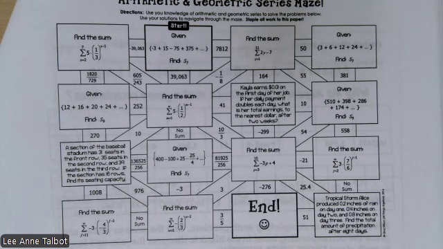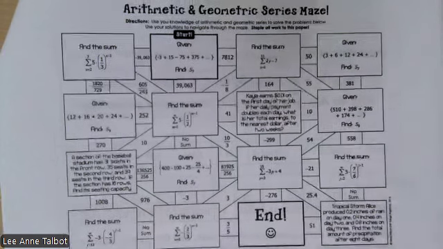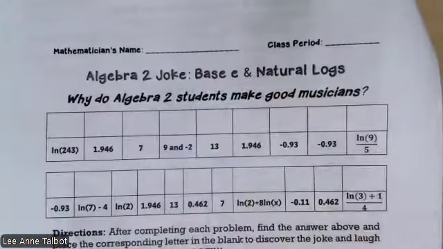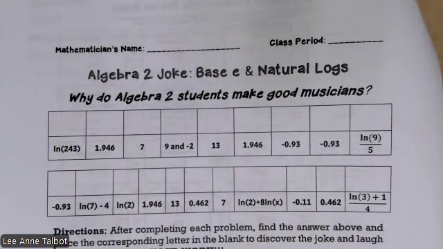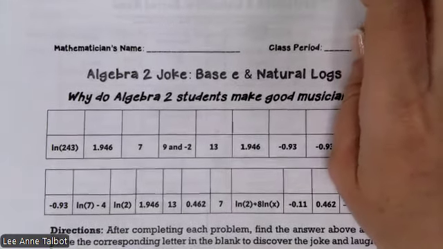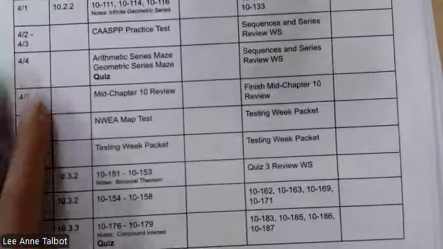And the next page is a base E and natural logs puzzle deal. Okay. This particular thing I think is going to be much quicker than the maze, but that's just my opinion. So let's flip back here.